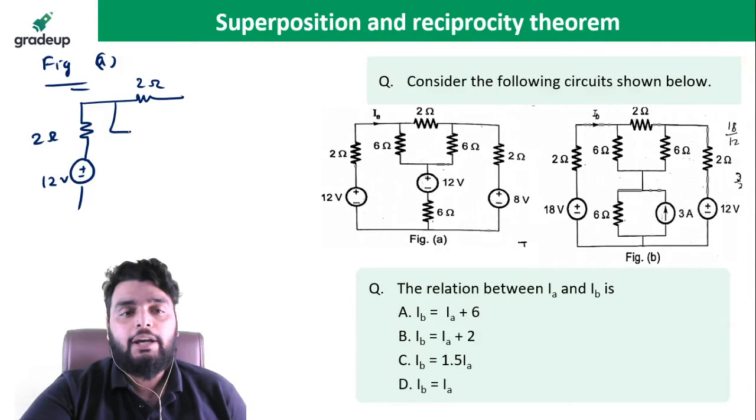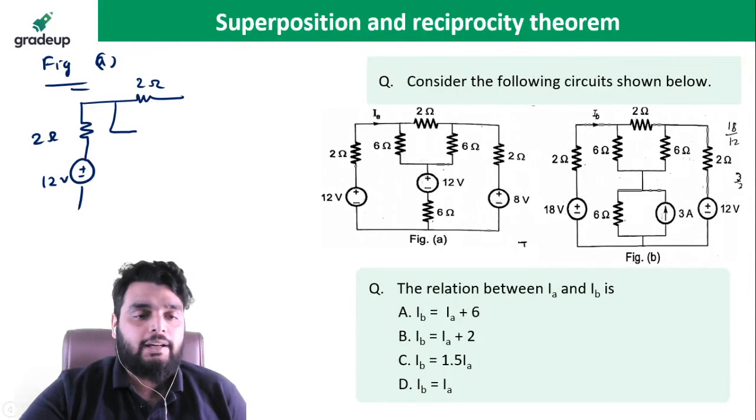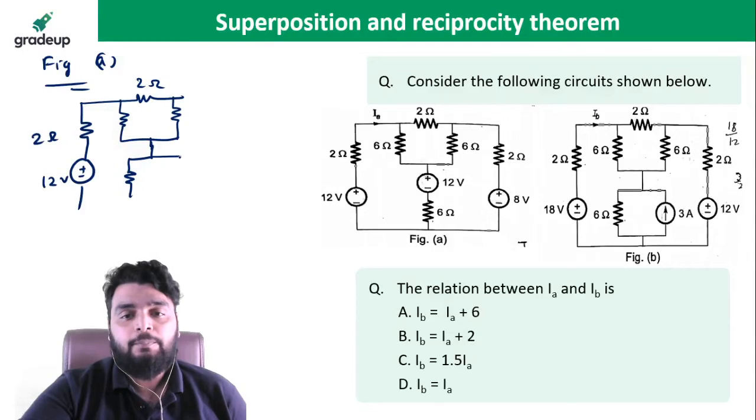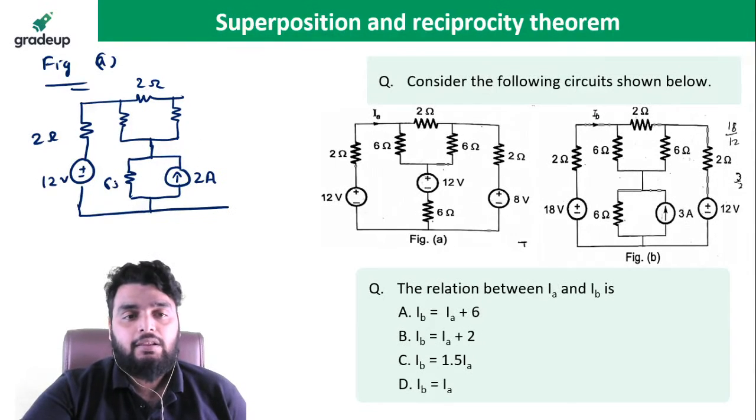I am going to convert a voltage source into a current source. When I convert it into a current source, the current source will look like this. So it becomes 2 ampere, and this becomes 6 ohm. And here the network is the same.